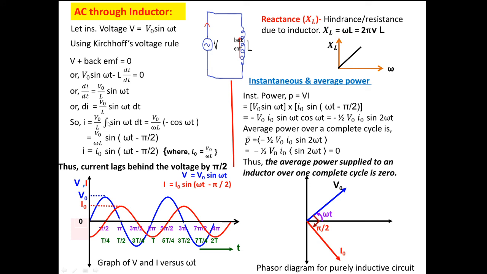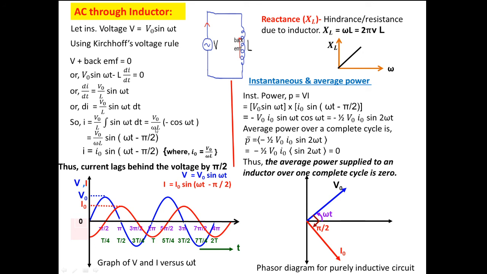So again here the integration, now I equal to the integral of V naught by L sin omega t dt. And this value we will get as V naught by omega L into minus cos omega t. See this one, omega L is the resistance offered by the inductor, called reactance.